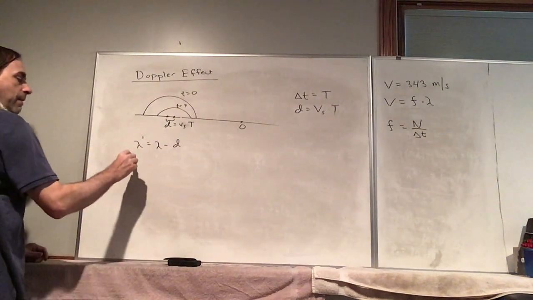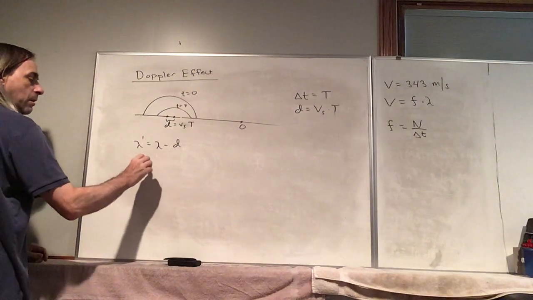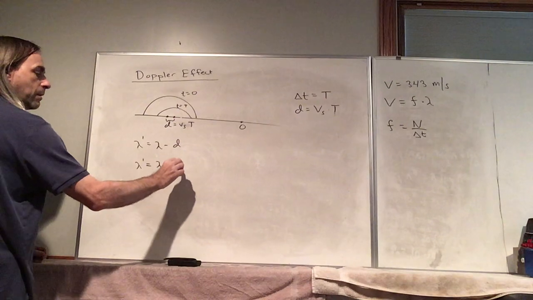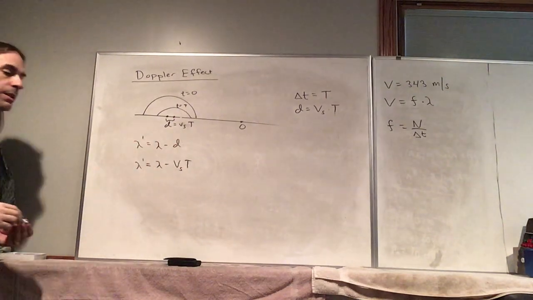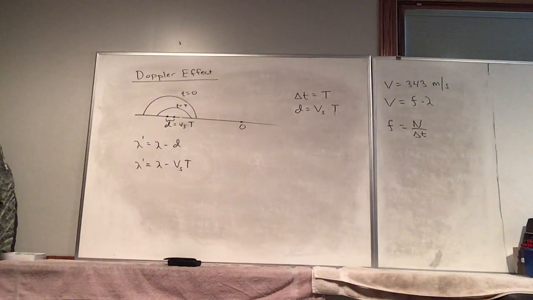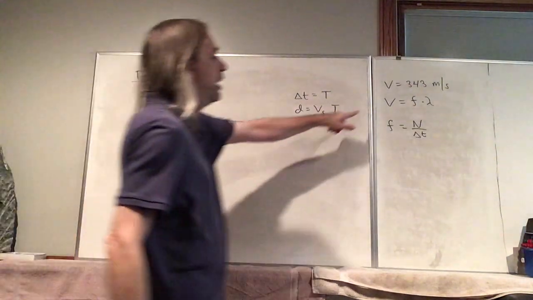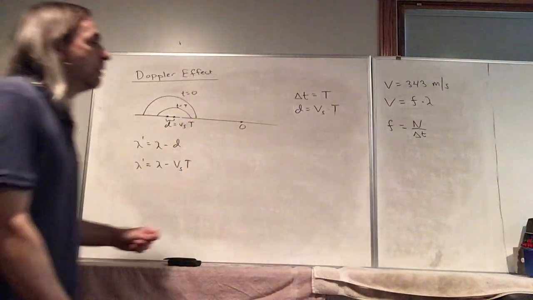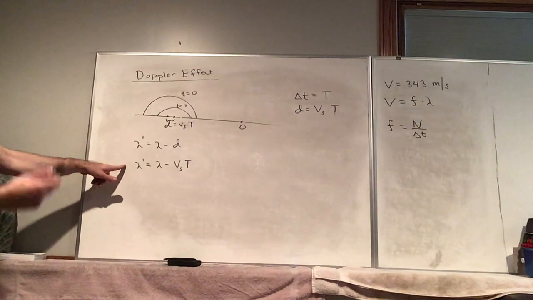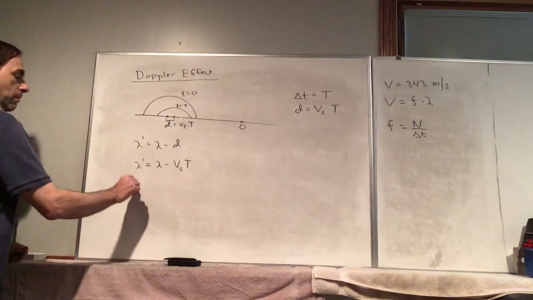And so we can say that lambda prime is equal to lambda minus the velocity of the source times the period. Okay, now looking at this equation, lambda prime, that would be the speed of sound, V, is always the speed of sound, divided by the frequency.